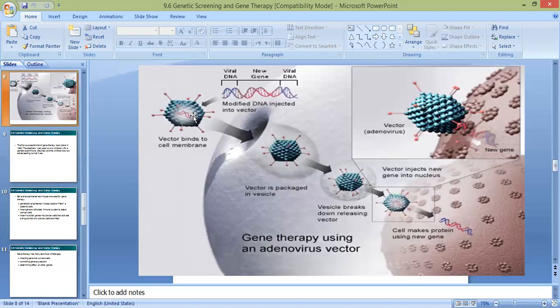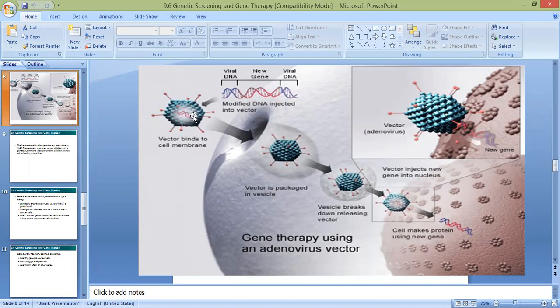Then I have a vesicle. The vesicle breaks down, and the vector, which is the virus, will go inside and this gene becomes part of the DNA of the stem cell. There is a new gene and this new gene makes a new protein for the cell. This can be gene therapy for certain diseases.